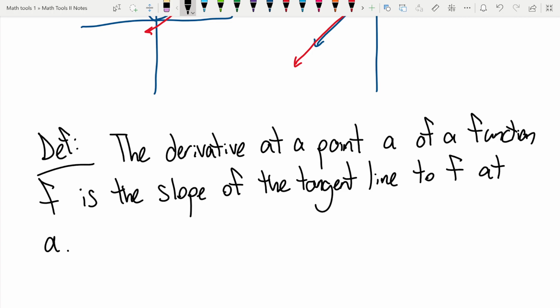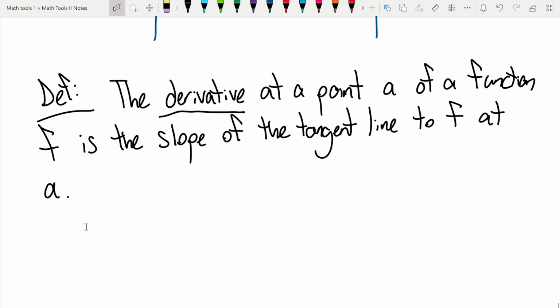So again, the tangent line definition works better for curves. If it's just a line, it would just be the slope of that line, and the slope is the same at any point. So we can think of it the same way, essentially. So this, of course, is just the definition of what the derivative means. It doesn't tell us how to actually find that derivative, right?